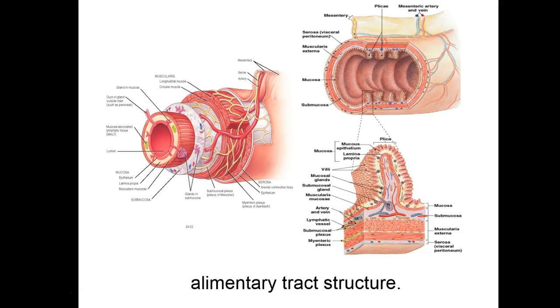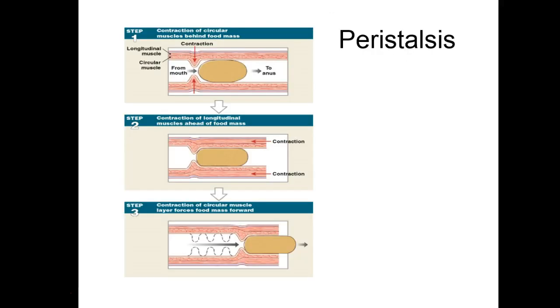They're designed so you can have your blood vessels in them, and then your lymphatic vessels, as well as the layers we just talked about, the muscularis externa, the serosa, the submucosa, and the mucosa, as well as the nerve innervation.